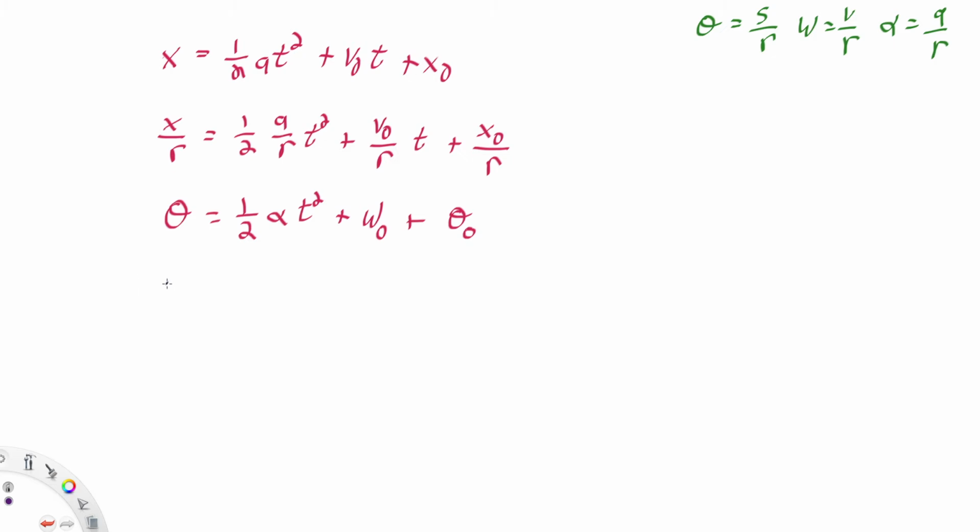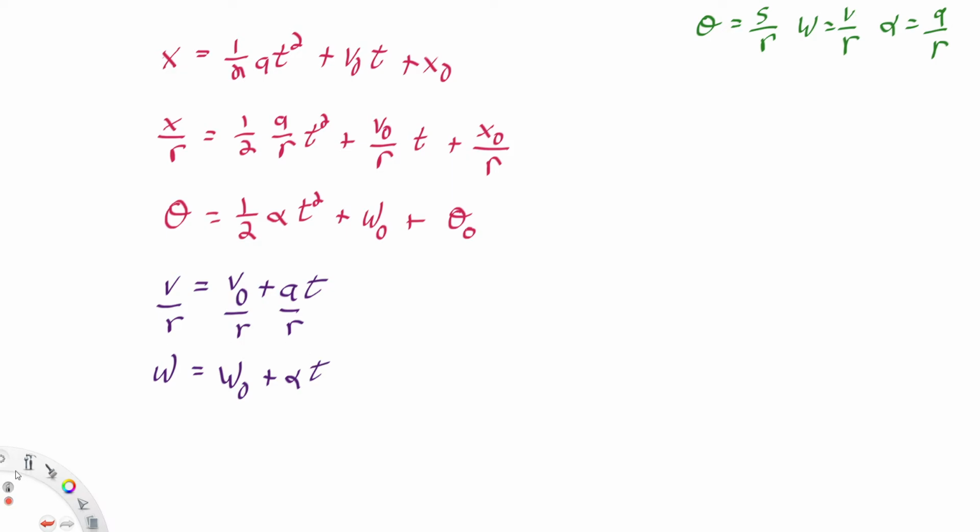Similarly, if we start with kinematic number 1 and divide the whole thing by r, we get an equivalent kinematic for angular coordinates.